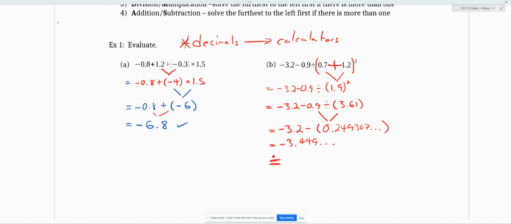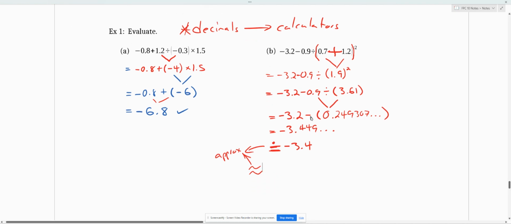So we can use this symbol, which means approximate, and round it to negative 3.4. Okay, because this 4 is less than 5, we can leave it if we are rounding to one decimal place. So this just means approximate. Okay, another symbol that would mean the same thing looks like this. Kind of a curly equal sign.